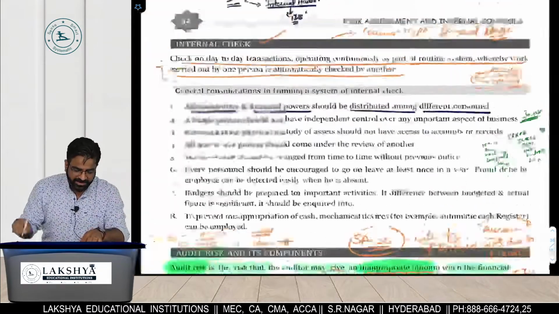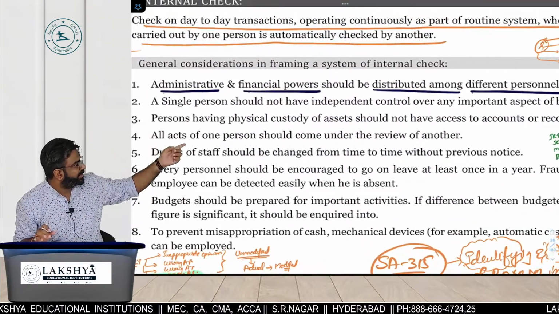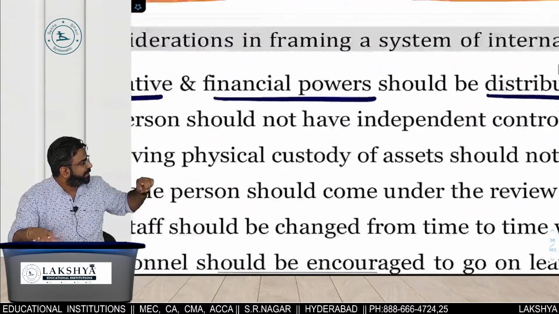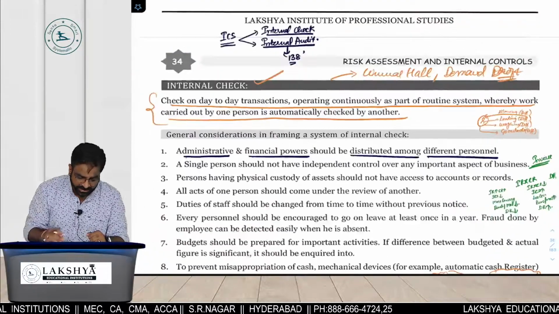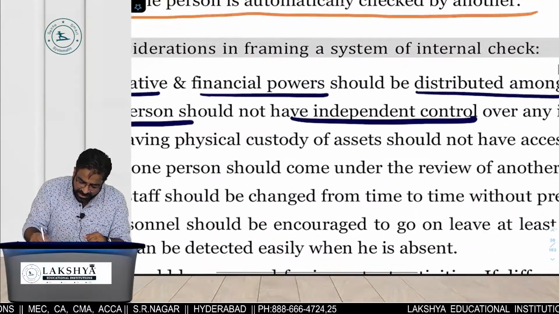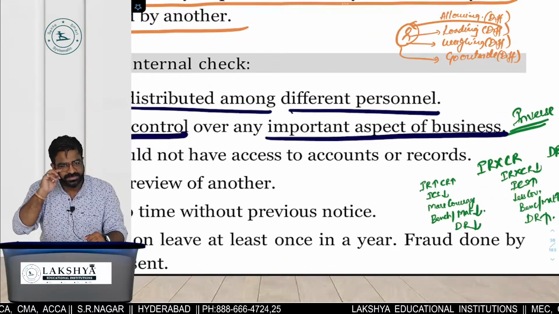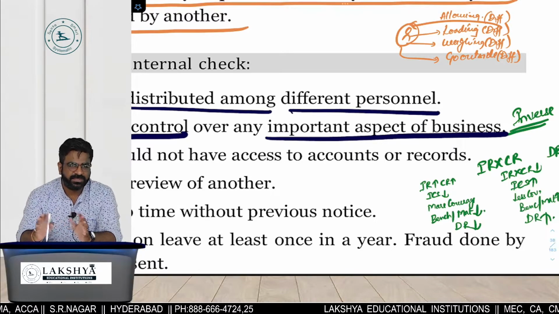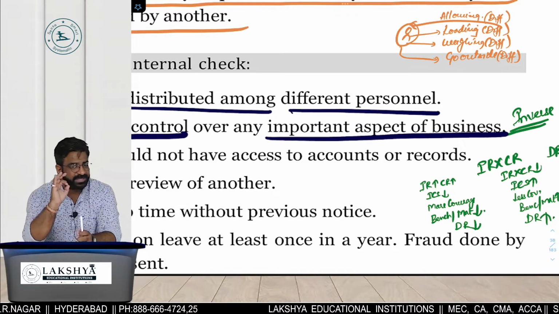Now see, that is why they have read the point number 1 again. What is the point number 1? Administrative and financial powers should be distributed among different personnel. Next one. A single person should not have independent control over any important aspect of business. Achha, say for example, there is one purchase manager in my company. पूरा example ध्यान से सुनना.